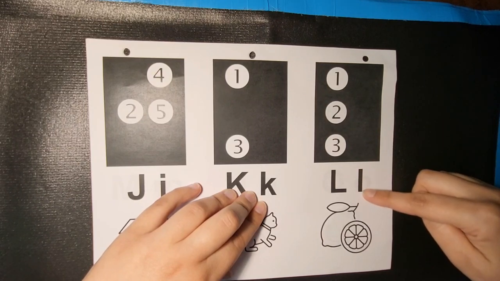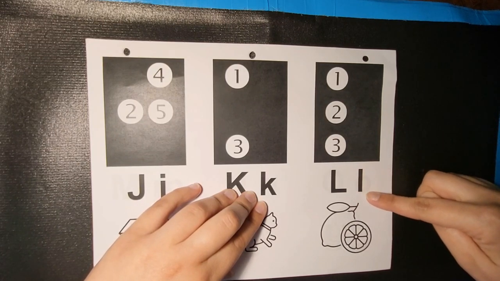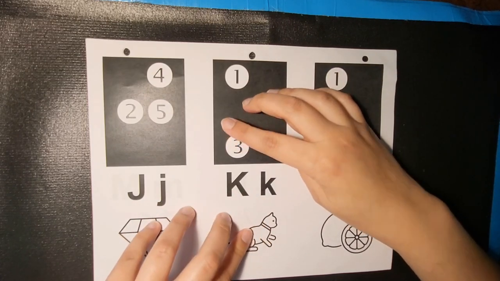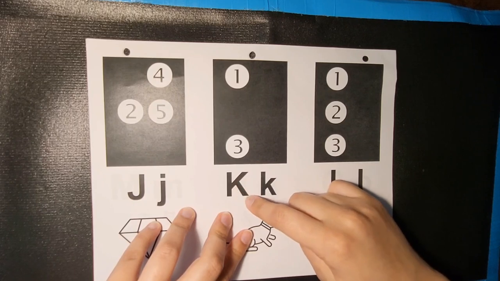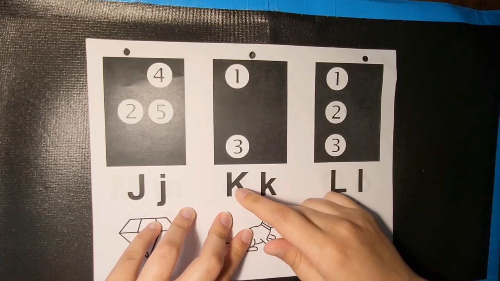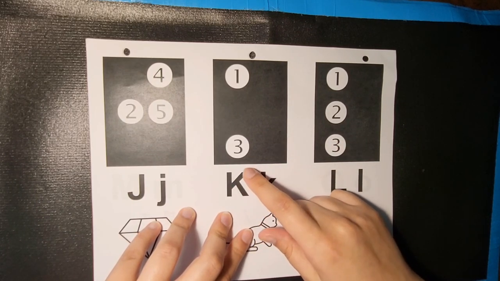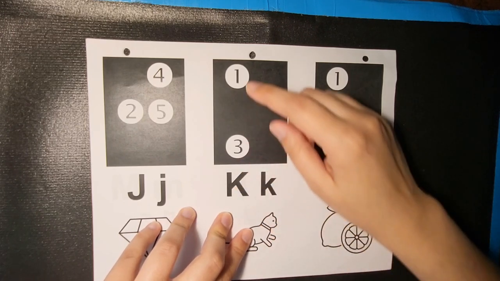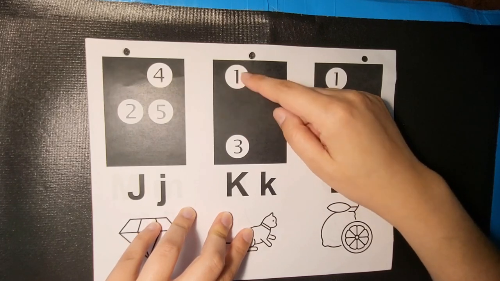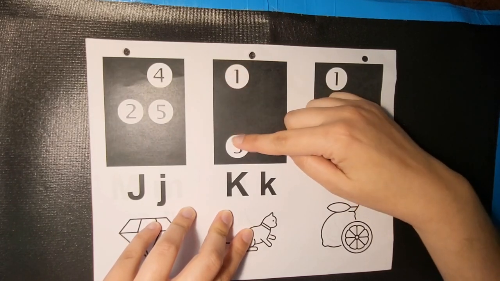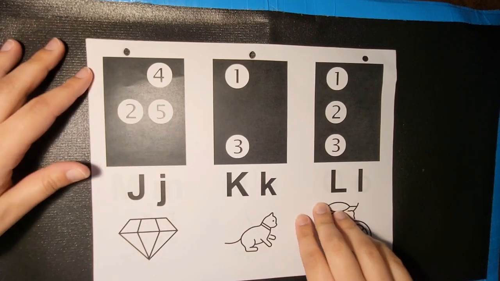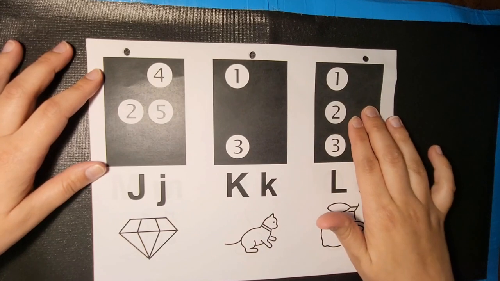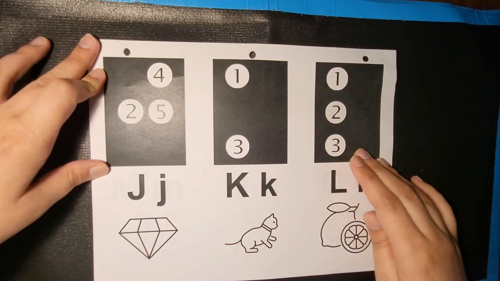Just like the lowercase l is just a straight up and down vertical line. And with K too, if you think about K's got these two diagonal lines coming out from the center, and those two arms are kind of reaching out, one at the top and one at the bottom. And so we've got our two dots here, one that's at the top and one at the bottom. So we got K and L, our 11th and 12th letter of the alphabet.